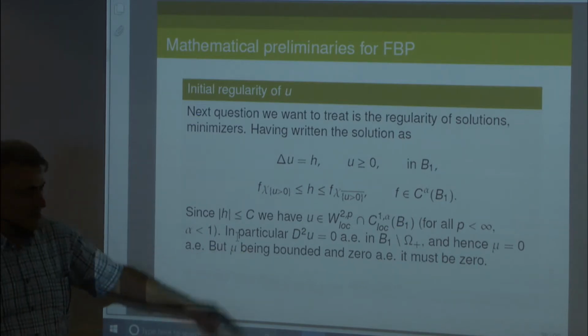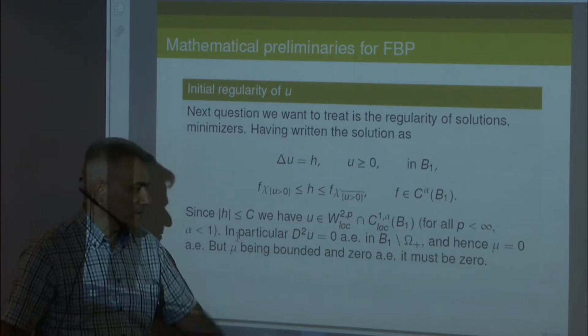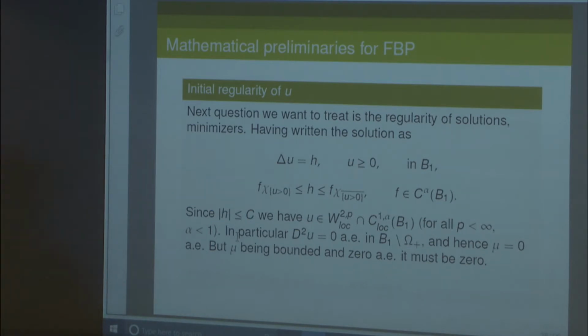So what you get is that D2u is actually 0 almost everywhere in D1 minus omega plus, because u is 0 there. Again, the same conclusion. If u is 0, all its derivatives are going to be 0 almost everywhere. So what we're going to get is that the measure is 0 almost everywhere.